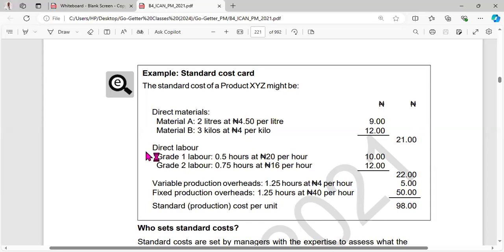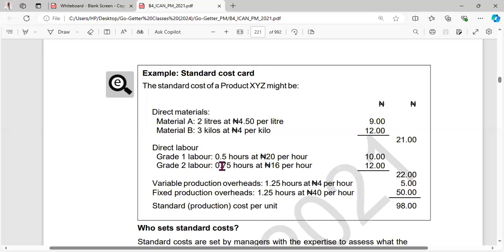Then we go to direct labor. We need maybe grade 1, the semi-skilled laborer. They will spend 0.5 hours making 1 loaf of bread, and we usually pay 20 naira per hour. Since this is half an hour, they're going to take 10 naira for that 1 loaf of bread. And now we go to grade 2 labor.